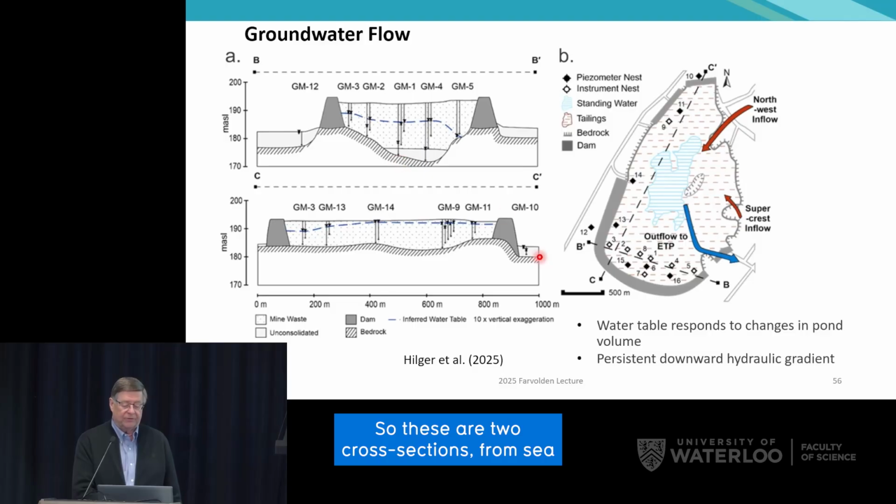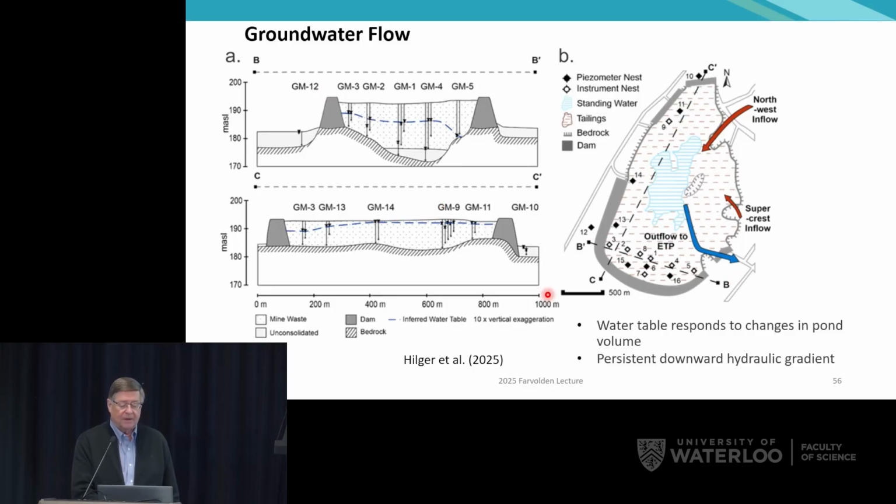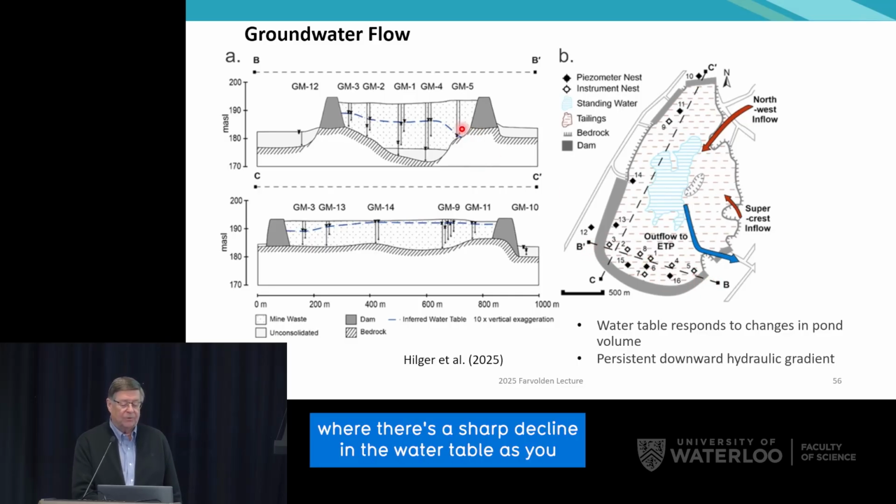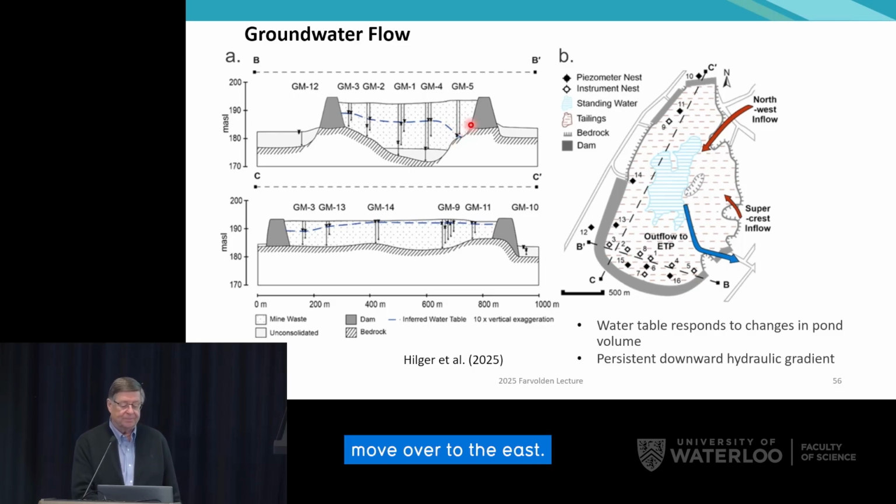So these are two cross sections from C to C prime across the long axis of the tailings impoundment, and from B to B prime across the short axis, which is here. Adjacent to the dam, the water table stays relatively high throughout the year, but in the transverse to that is this section where there's a sharp decline in the water table as you move over to the east.